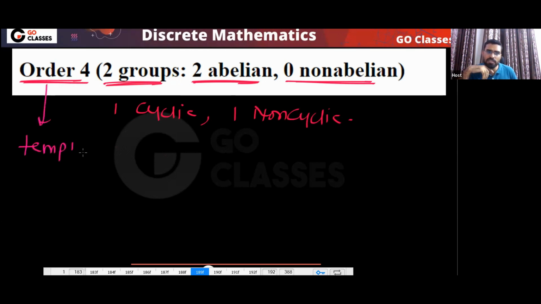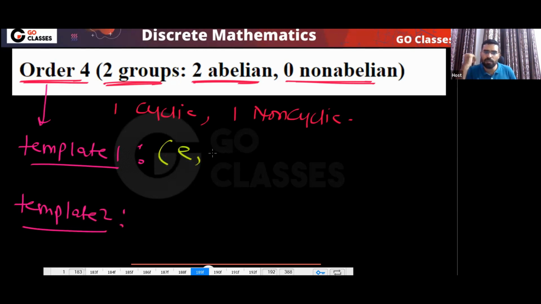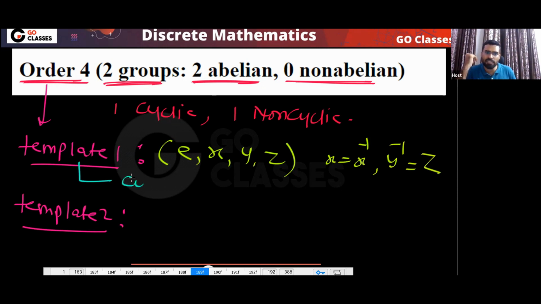There are two templates you already know, very popular templates. One template is like this, where x is its own inverse and y, z are inverses of each other. Is this template cyclic?